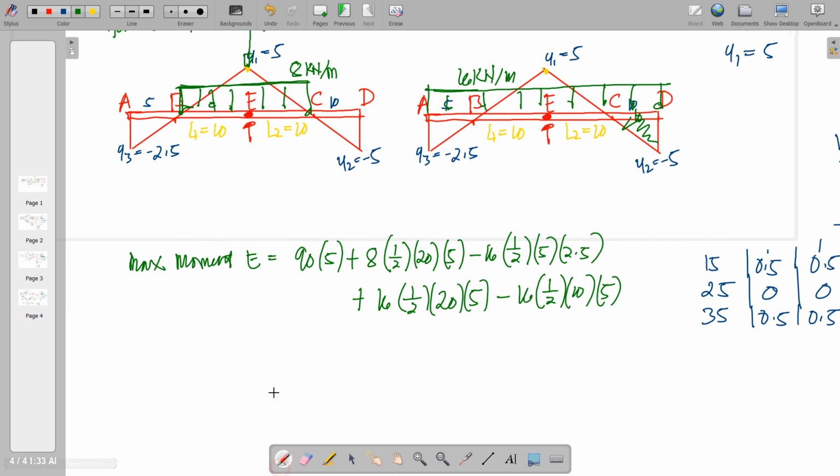So we compute for the maximum moment at E, which will yield 1150 kilonewton meter.